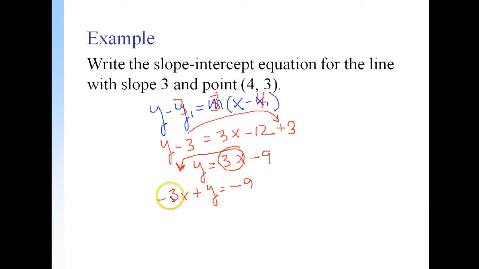So we just multiply everything by a negative 1. And this will then become a positive 3x. This becomes a negative y. And this becomes a positive 9, which we don't write the positive sign. So multiplying everything by a negative 1 just changes all the signs.